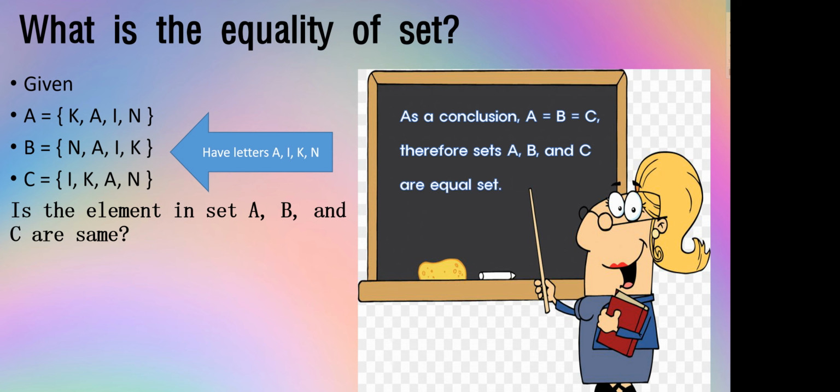So this is how you define the equality of sets. If 2 sets or more than 2 sets have the same elements included, we can say they have the equality of sets, or we can say they are equal sets.